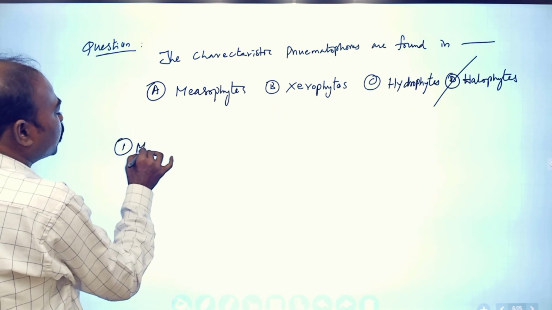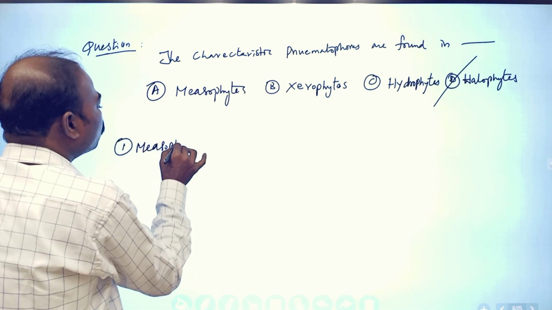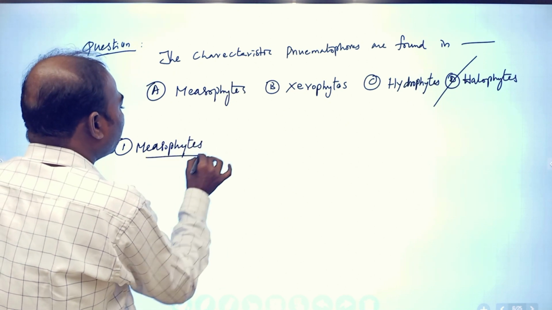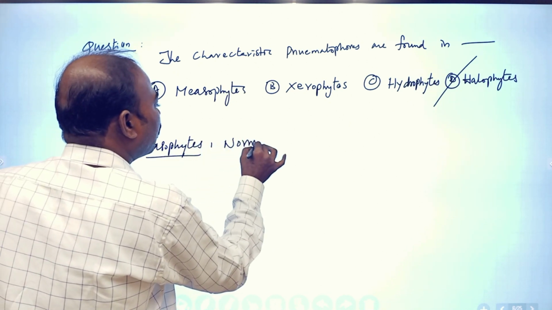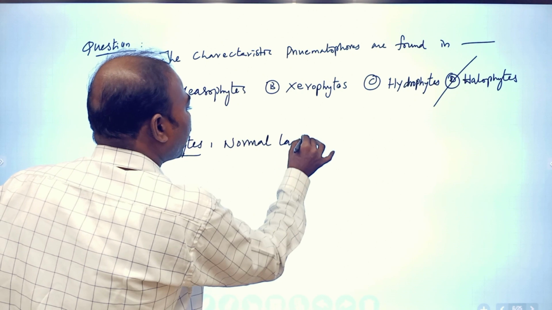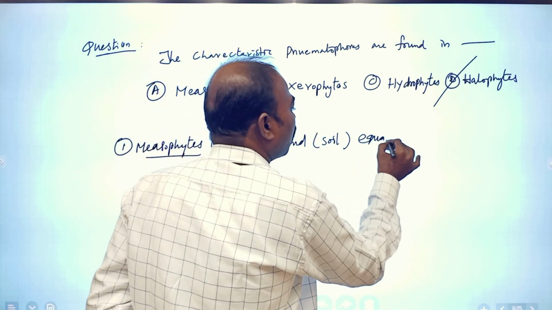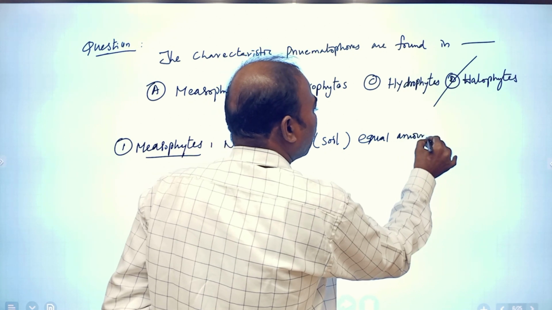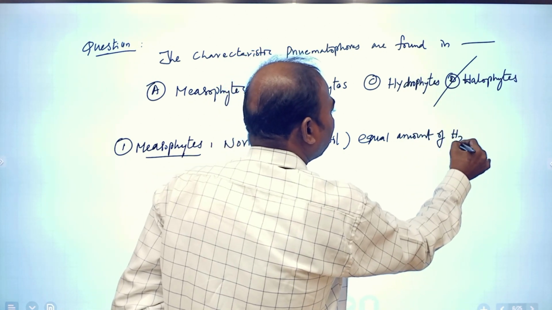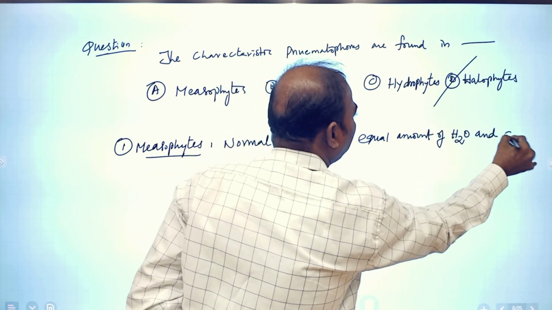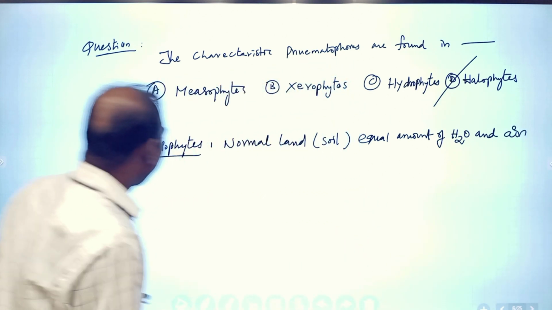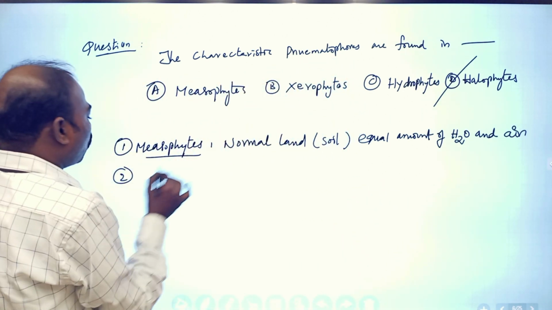What is a mesophyte? The plants which grow in normal land, normal soil, which has equal amount of water and air. What about xerophytes?